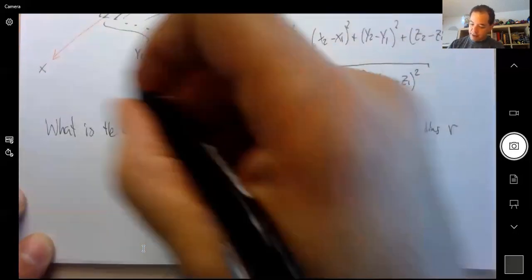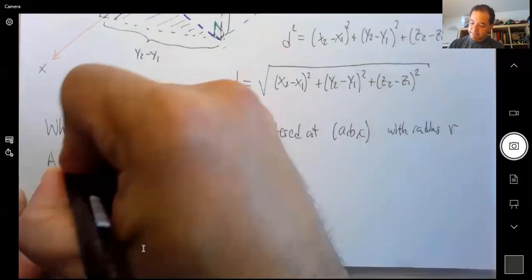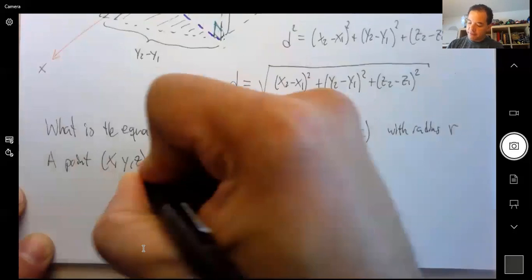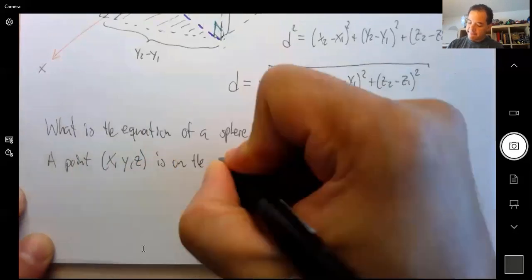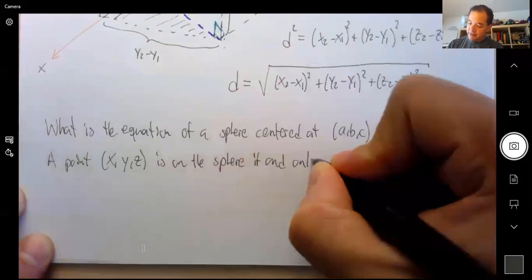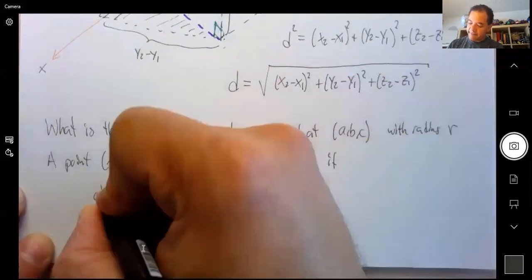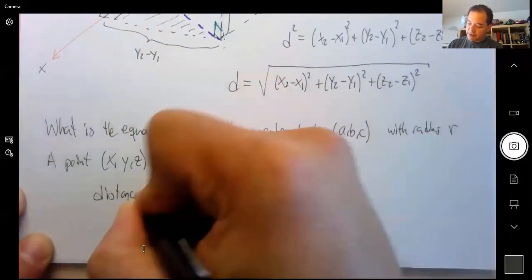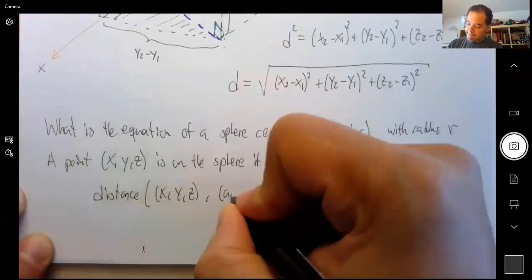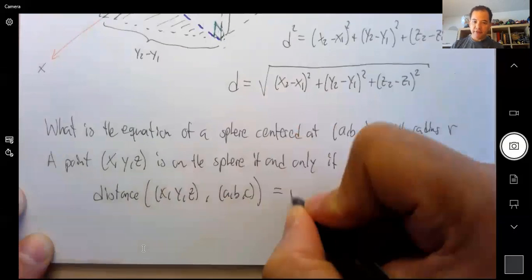So a point (x, y, z) is on the sphere if and only if the distance from (x, y, z) to (a, b, c) is r, right?